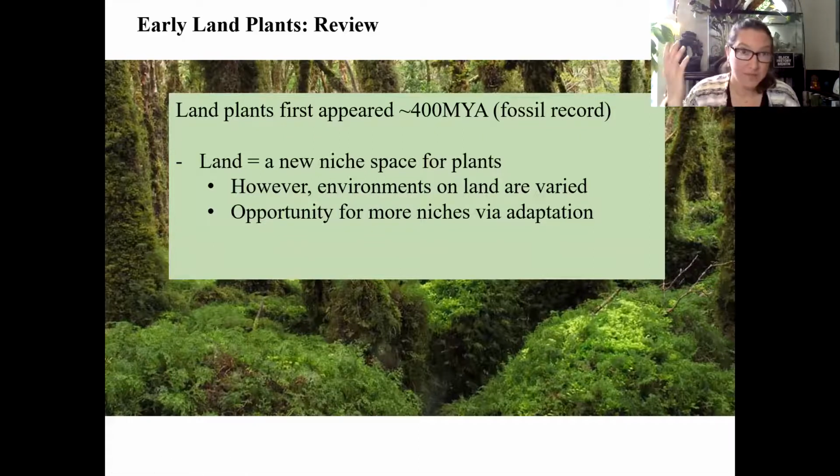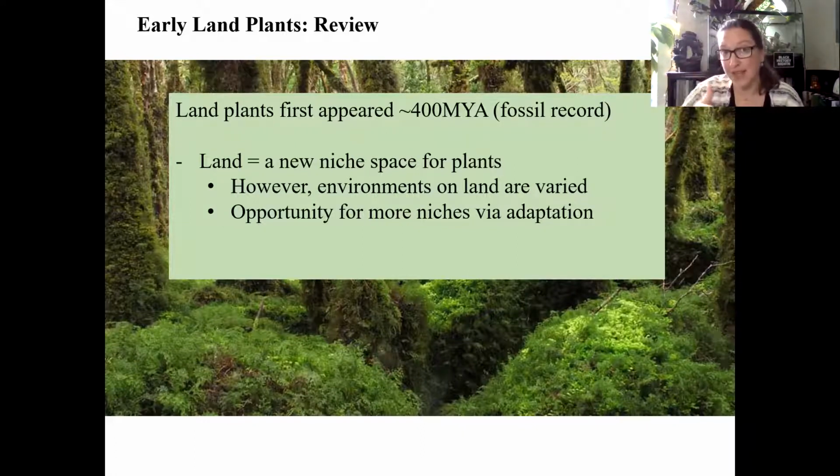The first land plants appear. This is a new niche space, meaning an ecological niche. Niche is a term that means an area to move into.